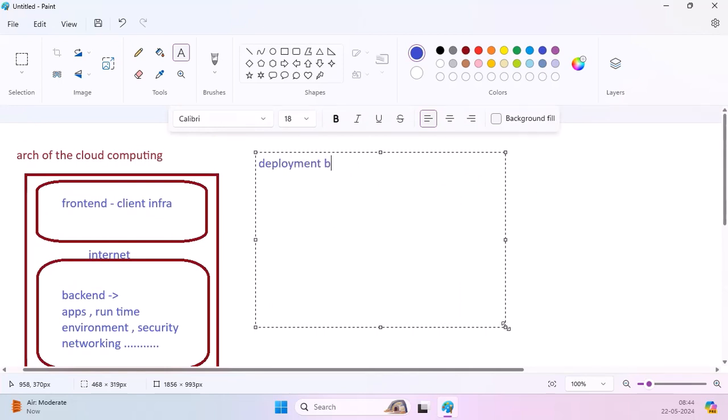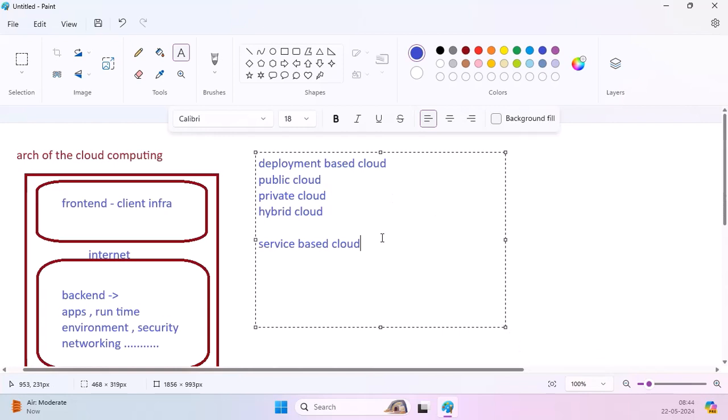So we have deployment-based cloud. And then we have the service-based cloud as well. For deployment-based cloud, we have public cloud, and then we also have private cloud, and then we have the hybrid cloud.